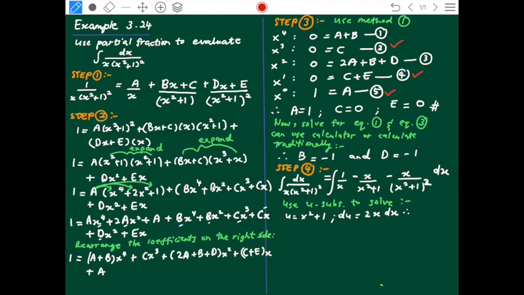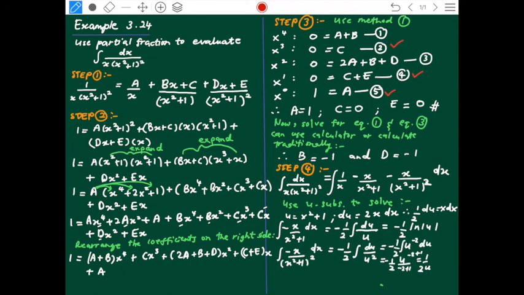Then, since we want to cancel out the x dx here, you have to bring the constant 2 to the du, so it becomes half du equals x dx. Then you can proceed with the outcome, which is minus half ln u.